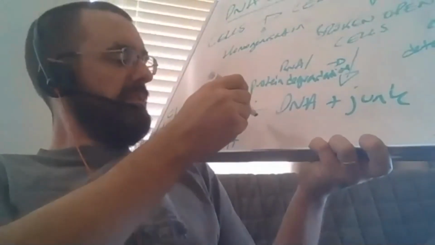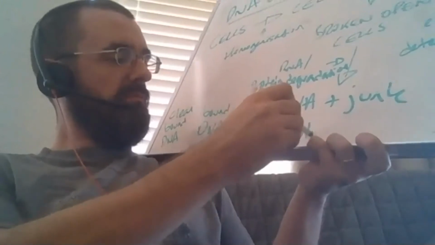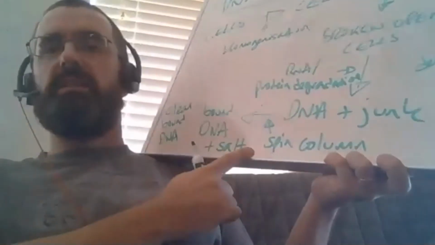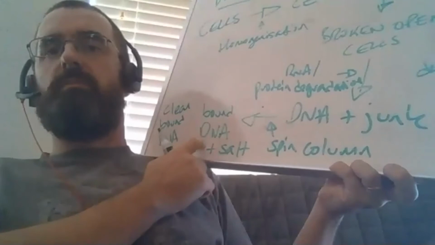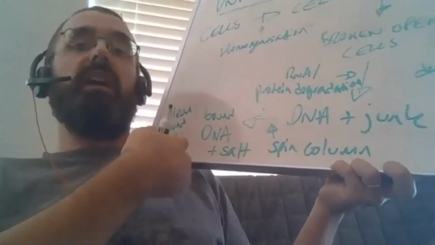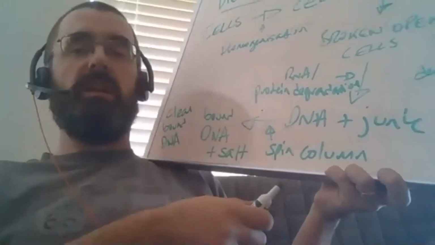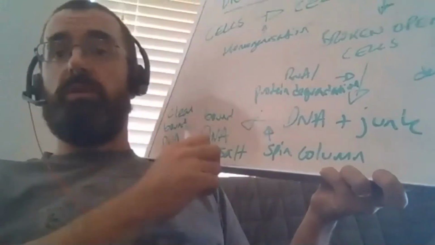Hang on, let's add a little bit of info here. So that's our spin column, allows us to bind our DNA and a few salts and stuff. And all the other stuff, the junk, essentially, is just thrown away, tipped down the sink, unless you want to use it for something else.